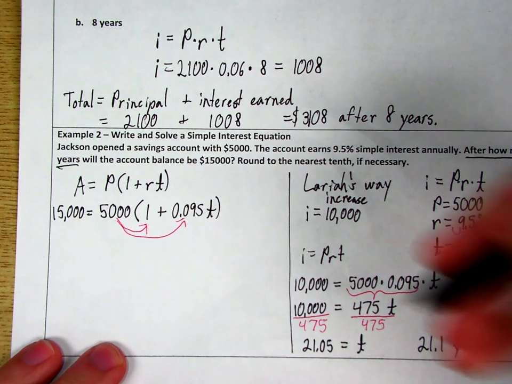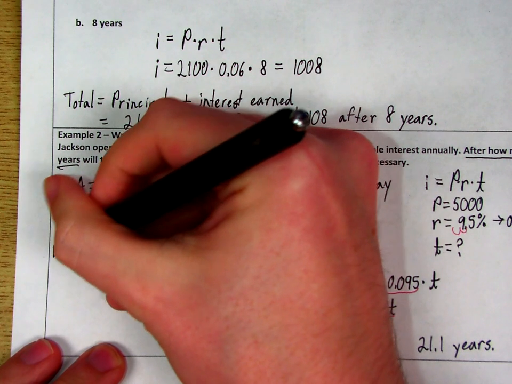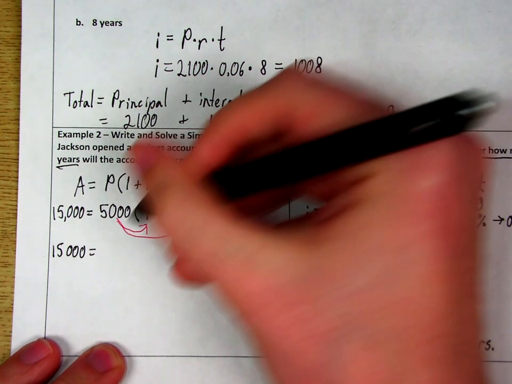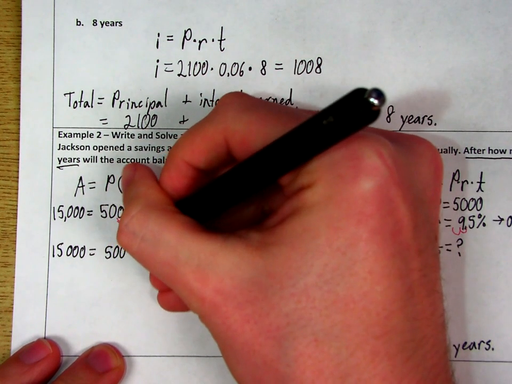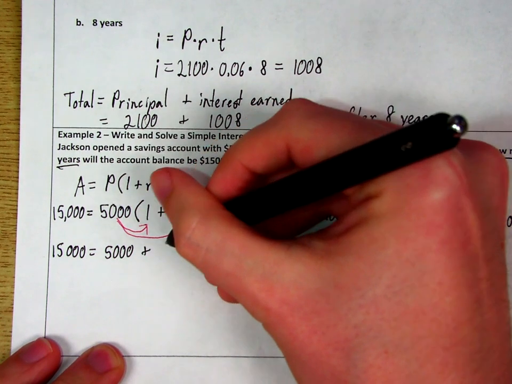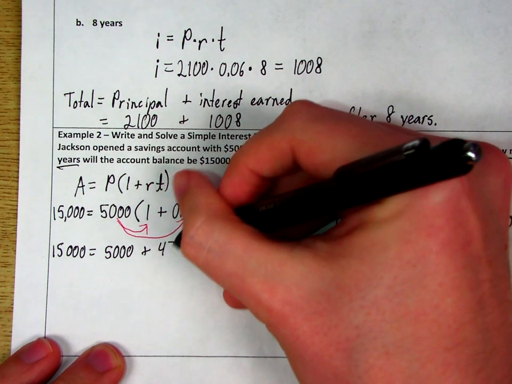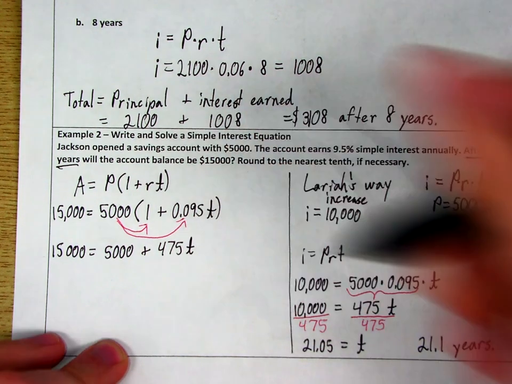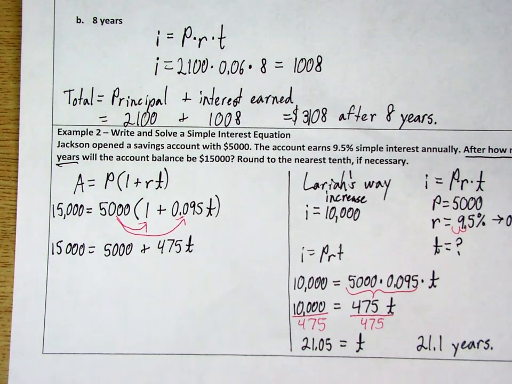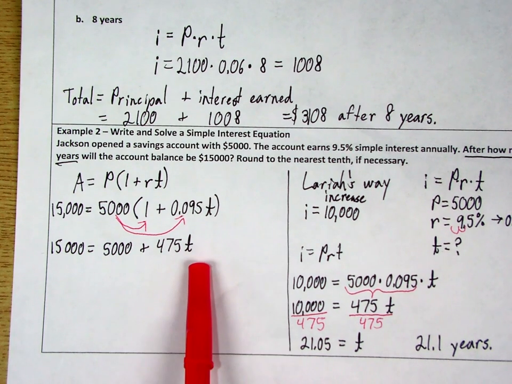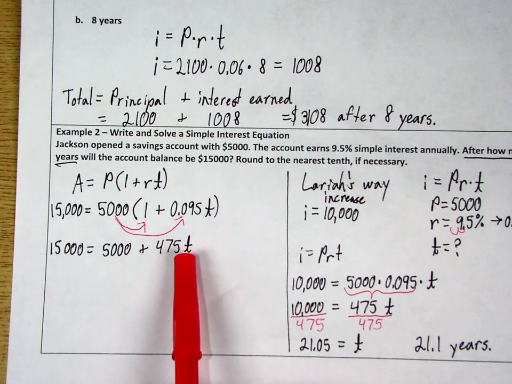And we saw that we had 15,000 is equal to 5,000 plus 475T. Now we took a quick break here to just comment on this equation.